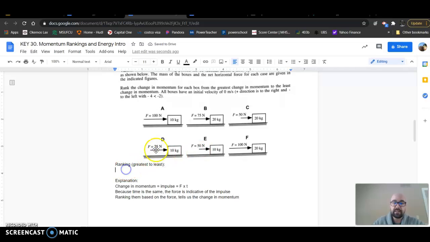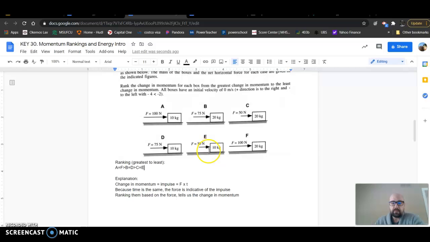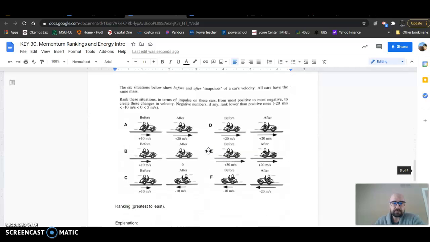So then if I'm ranking them based on force, A is going to equal F, and those are going to be greater than B, which is equal to D, and those will be greater than C equals E. So they're force times time, and because time is all the same, I can just rank them based on the force. Or I could have said 100 times 10 and 75 times 10, but that seems more work.